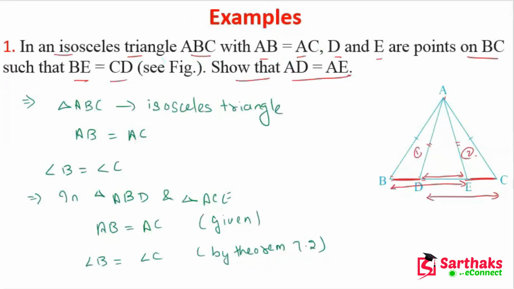So we can say these triangles are congruent by side angle side rule, meaning AB is equal to AC, angle B is equal to angle C, and BD is equal to CE. So these two triangles are congruent by side angle side.